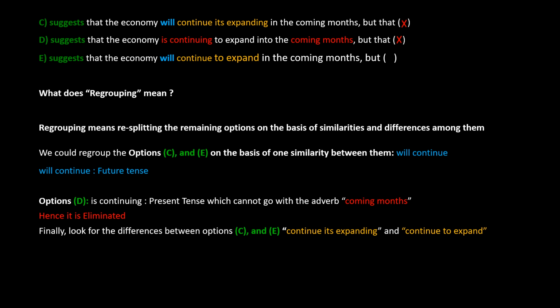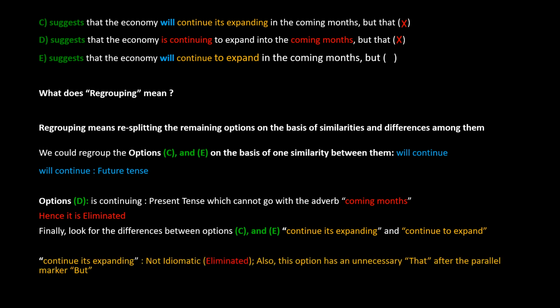Also, this option has an unnecessary that after the parallel marker, or the conjunction, but. There are 2 reasons to eliminate option C. In option E, we see the phrase continue to expand, which is idiomatic. Hence, option E is the best option.